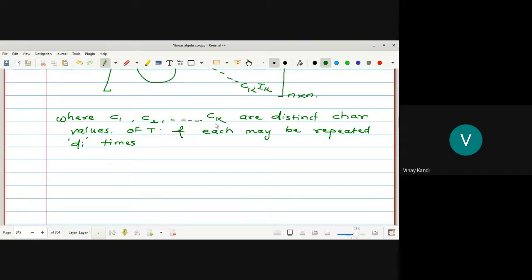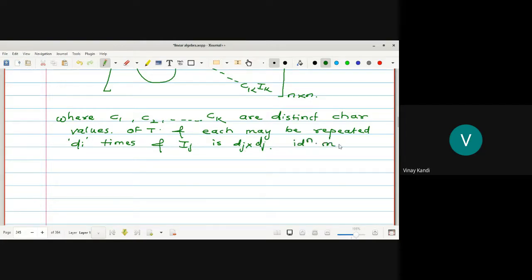And Ij is the identity matrix of order dj cross dj. Any doubt up to here?